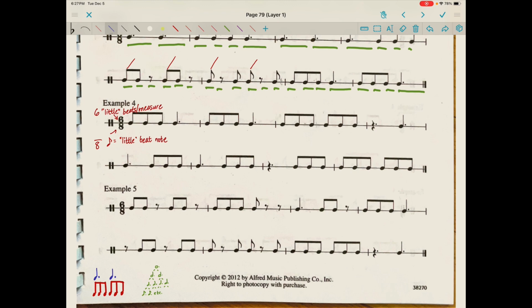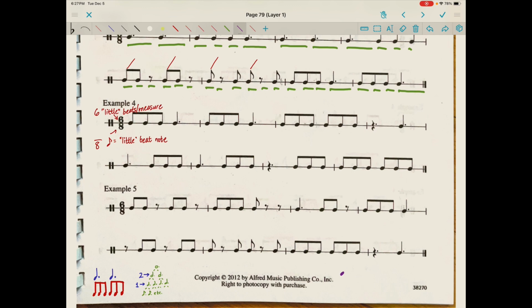Now that we know that a dotted quarter note is our big beat or pulse note, we can go over here to our dotted note value pyramid and just fill in that 1 beat will be assigned to each dotted quarter note or dotted quarter rest, and 2 beats will be assigned to each dotted half note or dotted half rest, and we'll stop there.